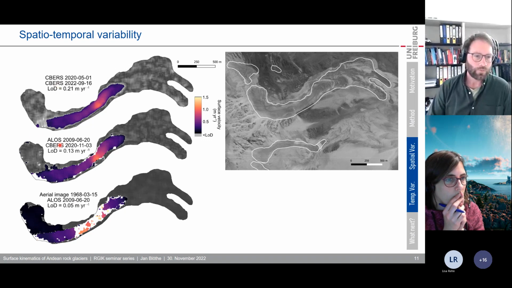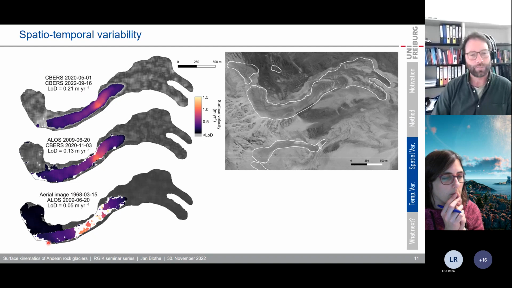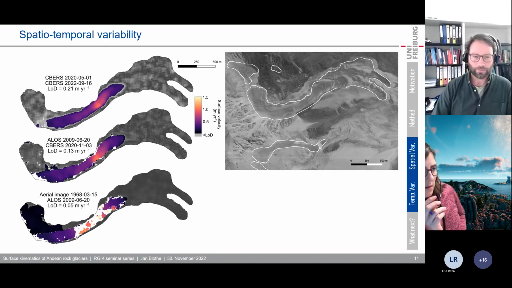And in general, the pattern of the upper two images you are seeing here is quite nice. So feature tracking seems to work. With the 68 aerial image, we still have some issues tracking the faster velocity parts.